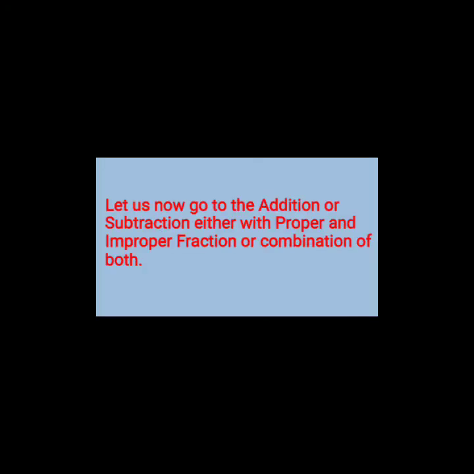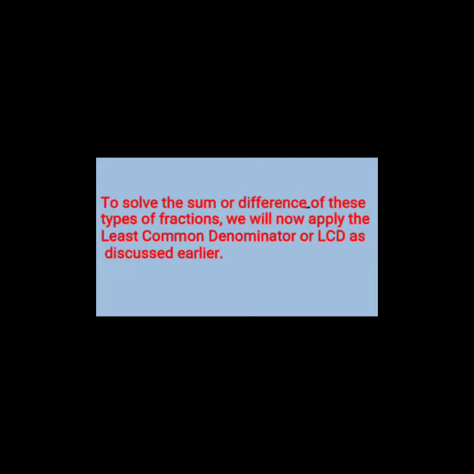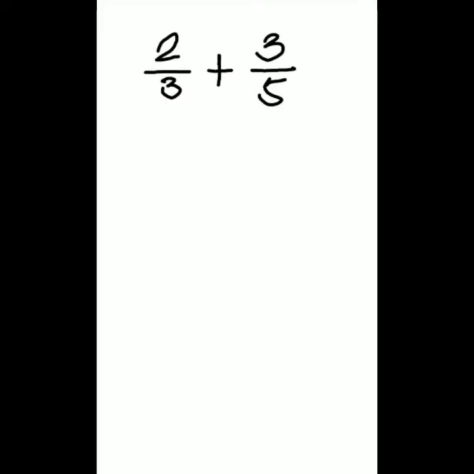Let us now go to the addition or subtraction either with proper and improper fraction or combination of both. To solve the sum or difference of these types of fractions, we will now apply the least common denominator or LCD as discussed earlier. Like for instance, 2/3 plus 3/5.